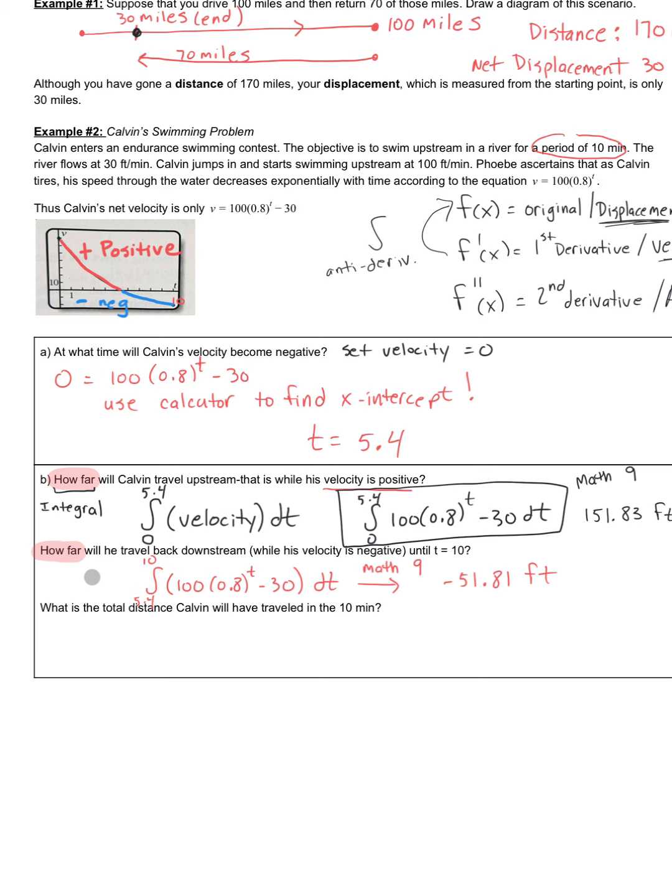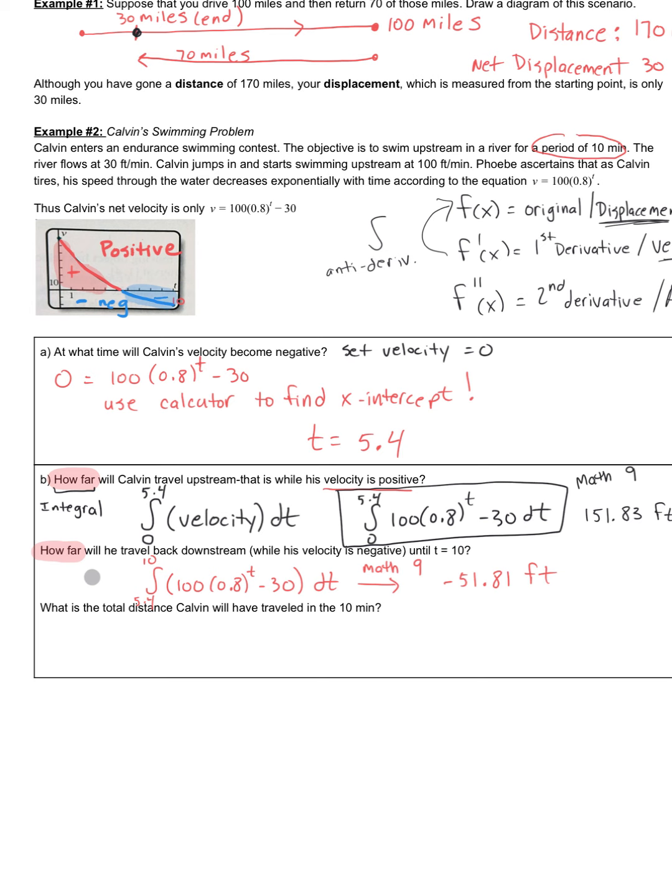In fact, I'm going to shade it in right here. This is a positive area. Positive. All right, and so that's why this answer right here is positive. And now our integral from 5.4 to 10, that area, I'm going to highlight it for you. That area is below the x-axis, so that, of course, is why we are getting a negative answer.